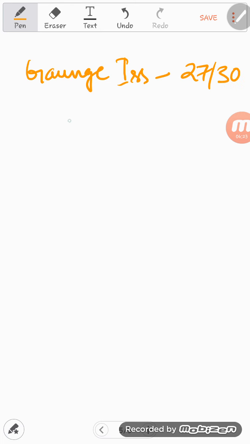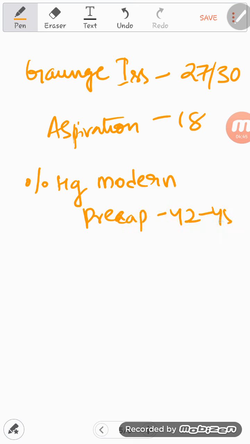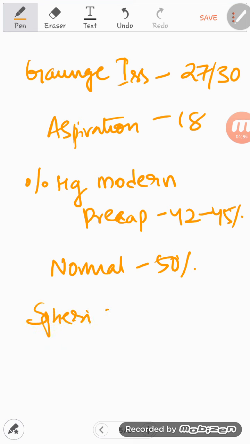The gauge of needle that is used for irrigation ranges from 25 or 30, and the gauge that is used for aspiration biopsy is 18, and the percentage of mercury in modern precapsulated amalgam is 42 to 45%, whereas in a normal condition it is 50%, whereas in the case of a spherical alloy it is 42%.